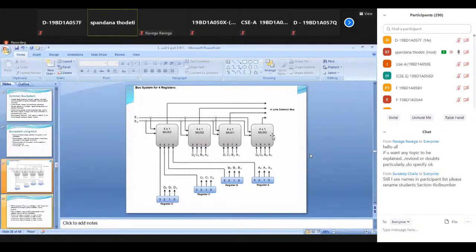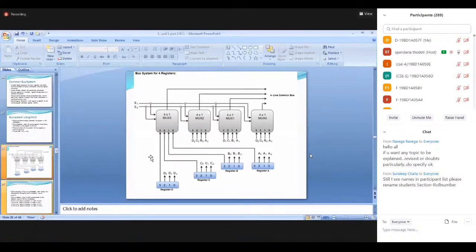So the size of the multiplexer depends on the number of registers, and the number of multiplexers depends on the size of the register. Clear? I am considering 4 registers A, B, C, D, so the size of the multiplexer should be 4x1. And the size of each register is 4 bits. Therefore, the number of multiplexers is also 4. Clear?